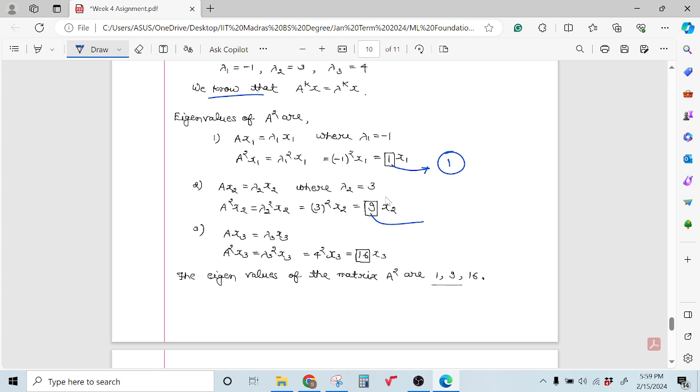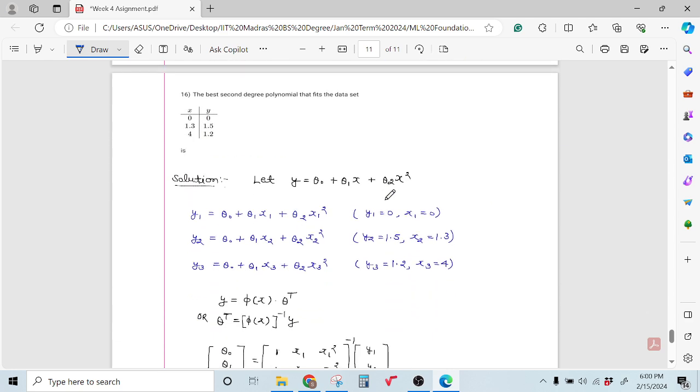So for the second eigenvalue, lambda equal to 3, the corresponding eigenvalue of A square is 9. Similarly, for the third eigenvalue, lambda 3 equal to 4, we again use this property: A square x3 is equal to lambda 3 square x3, and substituting 4, we got 16x3. So the final eigenvalues of matrix A square are 1, 9, 16.